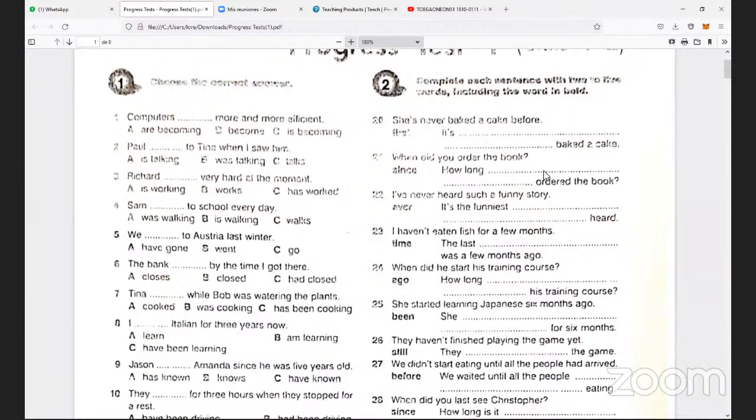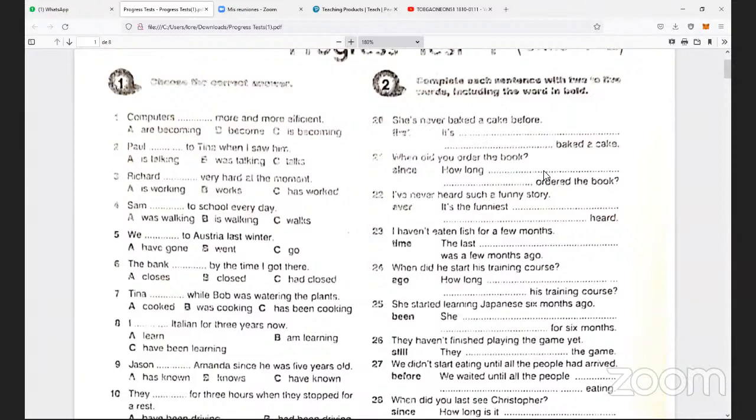Okay, for example, in the first one, if we're talking about the time, we use how long is it, or maybe how long has it, because remember that we always use how long with perfects, right? So how long has it been, because we're talking about the time, since you ordered the book?